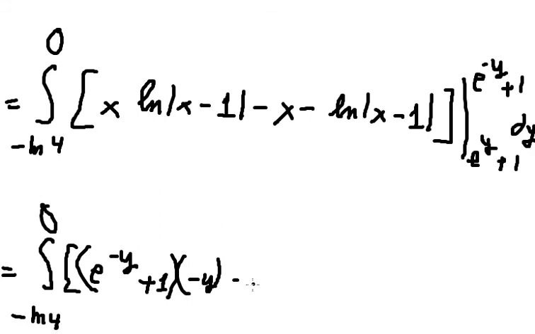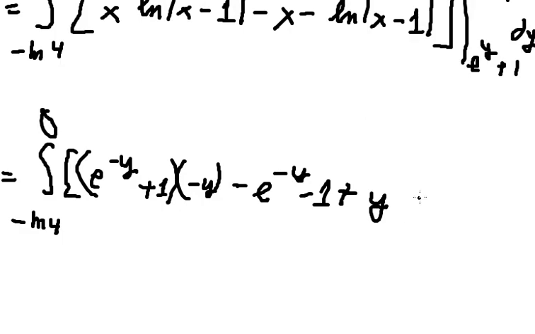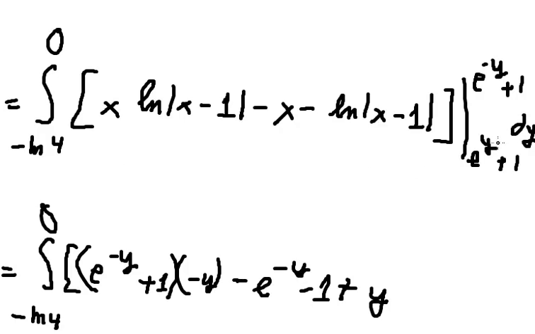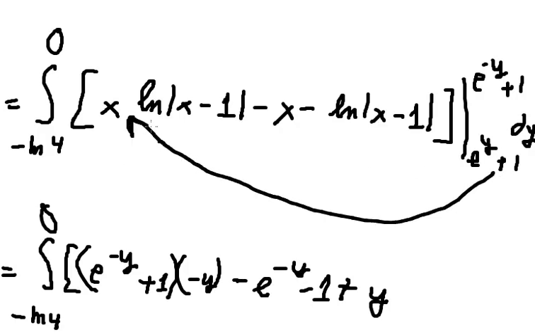This one I will put in here. This one we have negative y with negative, you got positive y. Next, we need to minus this one because this is about the bottom. So I will put this one gone here.